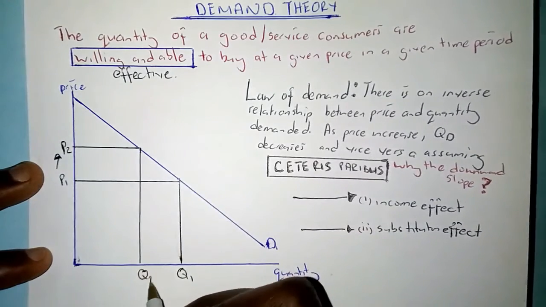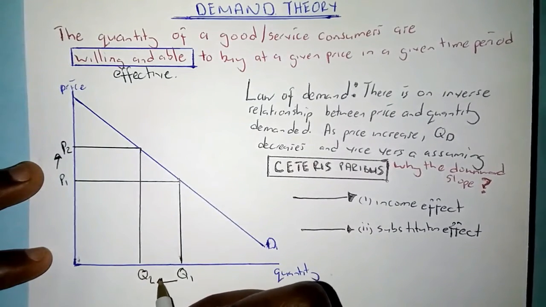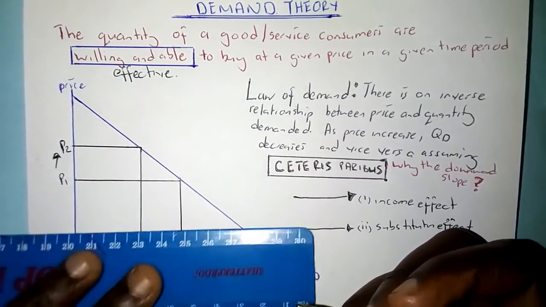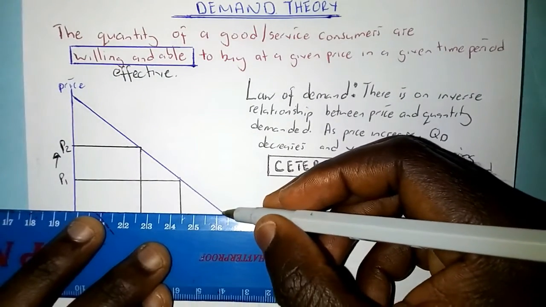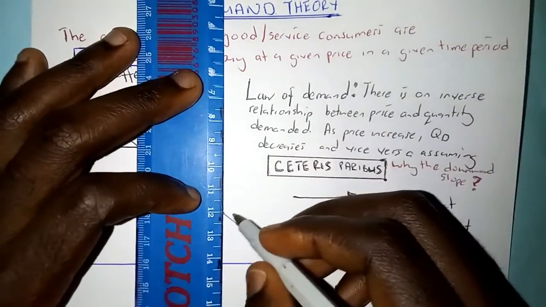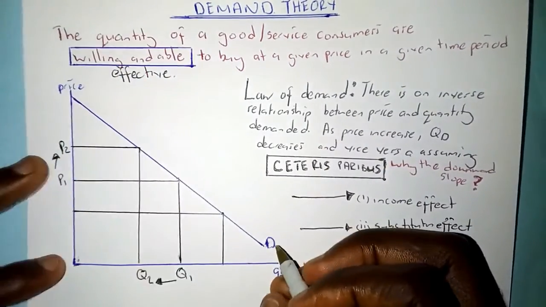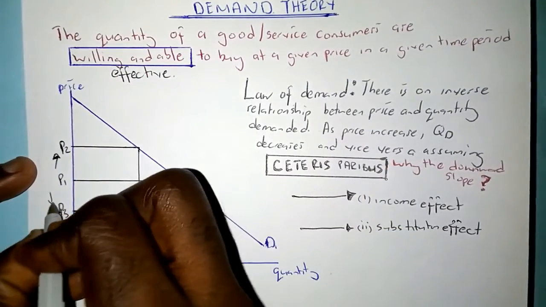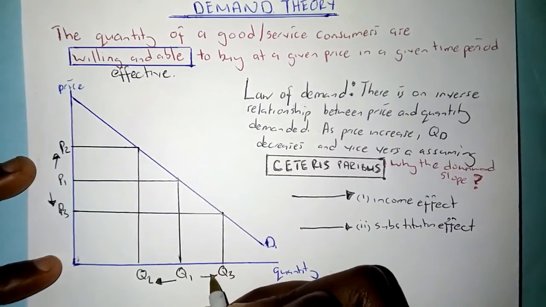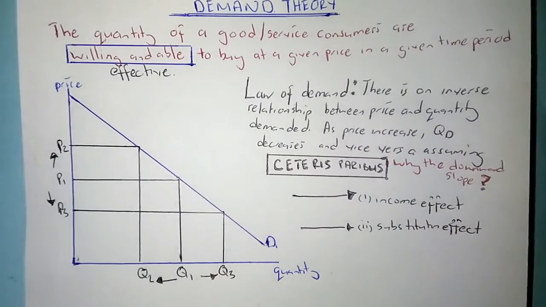As you can see, quantity demanded has decreased from Q1 to Q2. Then let's show another price decrease from P1 to P3 respectively. Like this, you can see that quantity will increase. So that's how you show price changes on the demand curve.